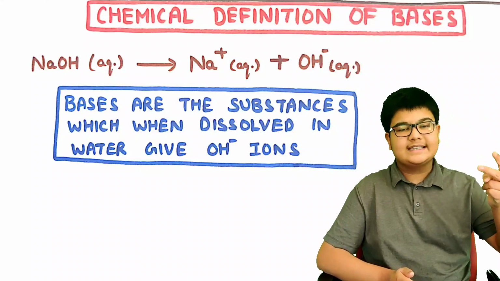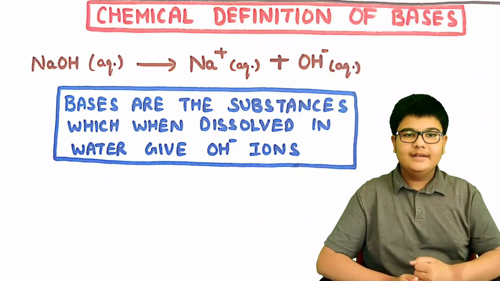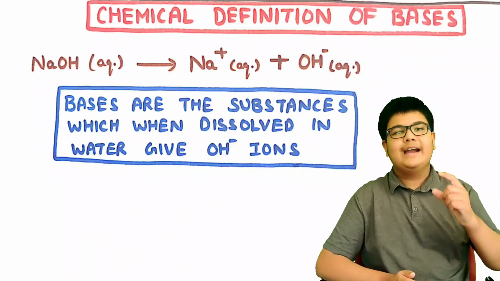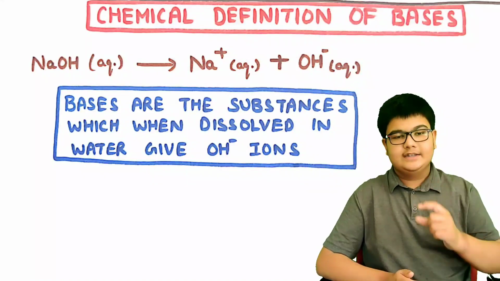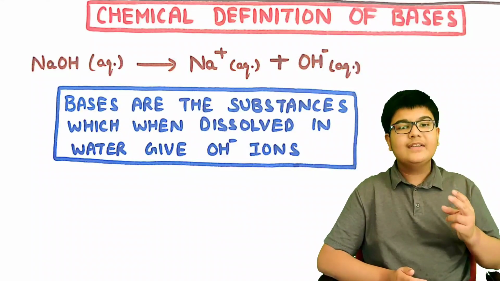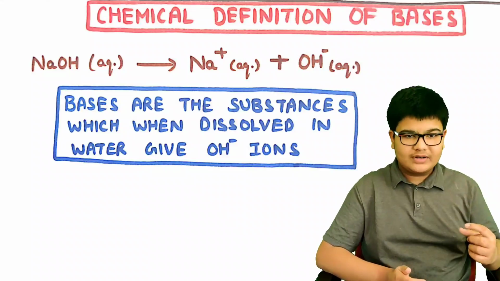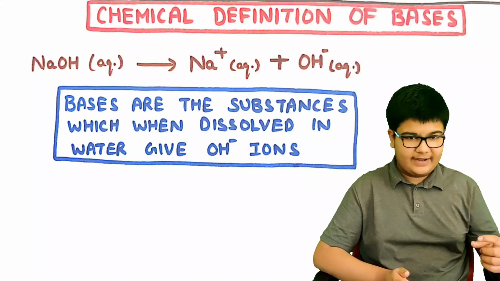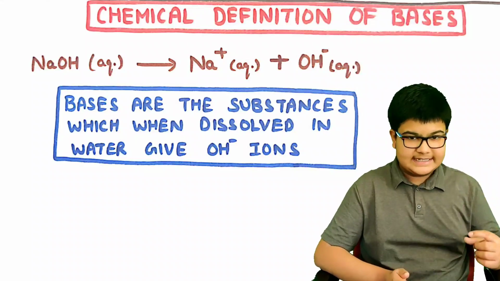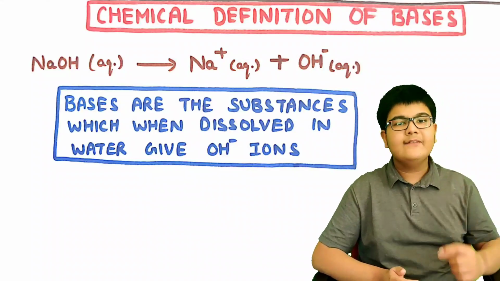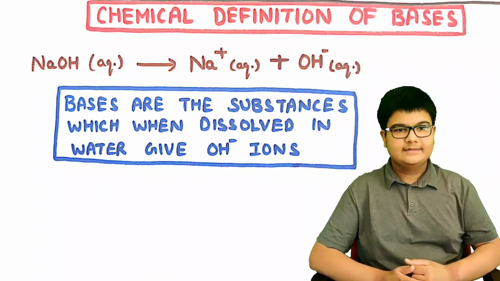So in both of these cases, what is common? Yes, both of them divide into OH negative ions. So from here we can define bases as the substances which when dissolved in water give OH negative ions, or hydroxide ions.